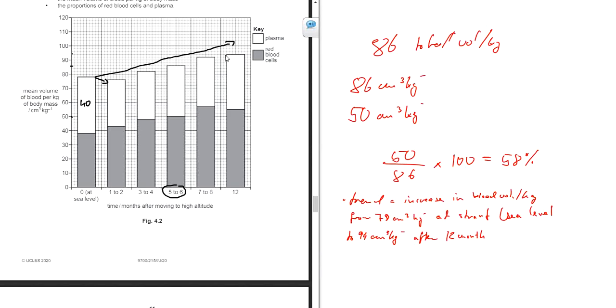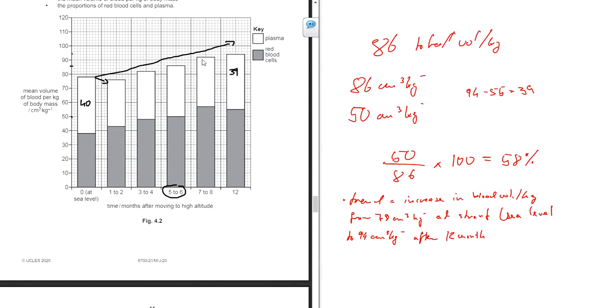And up here we have, what did we say, 94, and this is 55. 94 minus 55 is 39. So we can see the volume of blood plasma didn't change a lot.